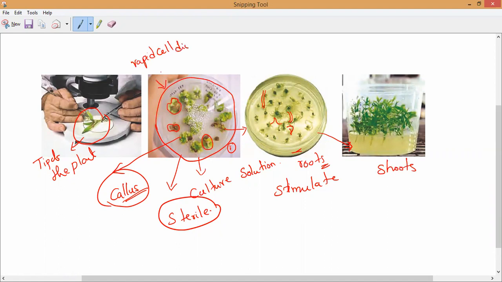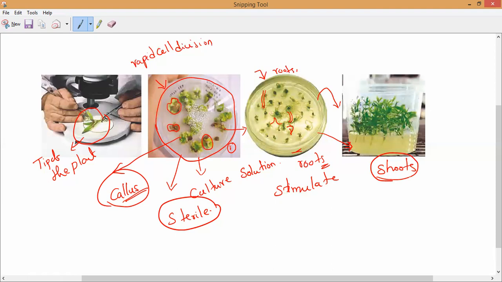Rapid cell division. So now, after cell division, if you place it in a new jelly, the hormones present inside will stimulate what? Formation of roots. Now, after formation of roots, the callus having roots, we can say rooted callus, we keep in another kind of jelly where the hormones present will stimulate to grow what, guys?